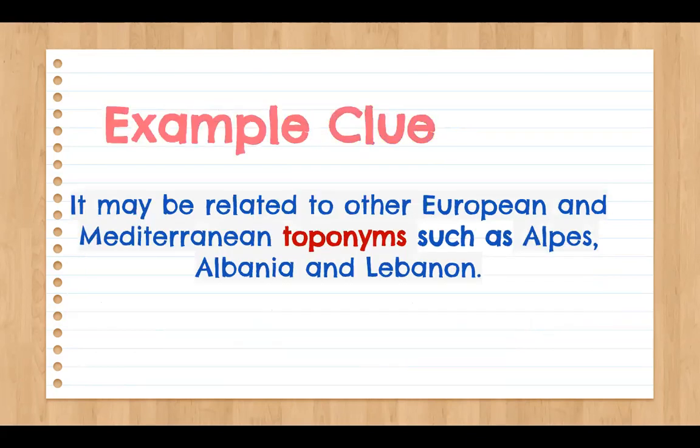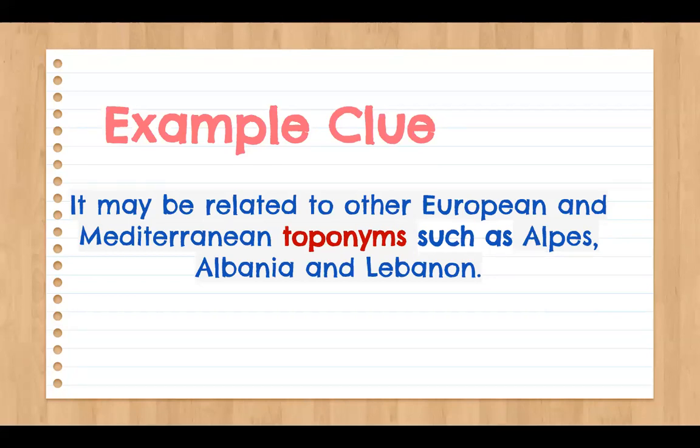And the example clue. It's giving examples. Usually a keyword here is "for example" and "such as." This is when the author gives you a word and tries to give you examples of what that word is, or types of that word, so you can guess what it is.